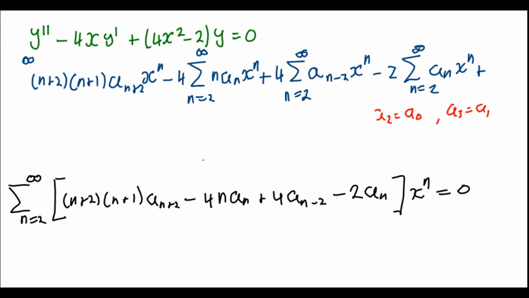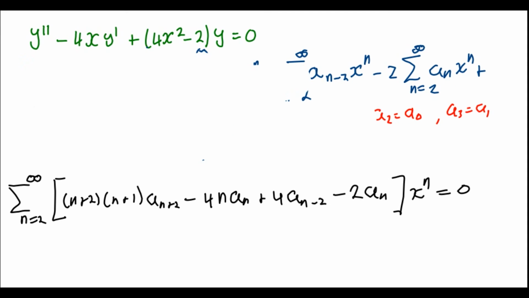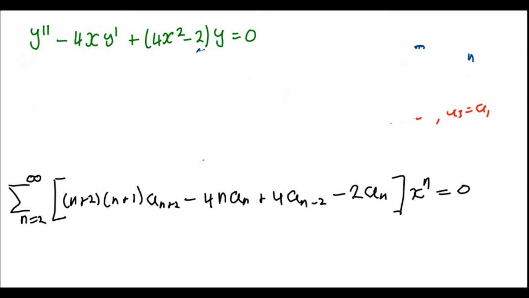Okay, so we just have to remember what we have here: our a sub 2 is equal to a sub 0, and our a sub 3 is equal to a sub 1. It's very important to remember that. We'll use that.